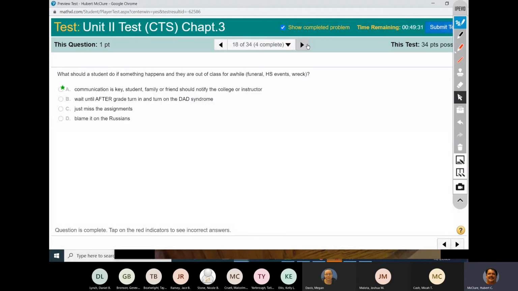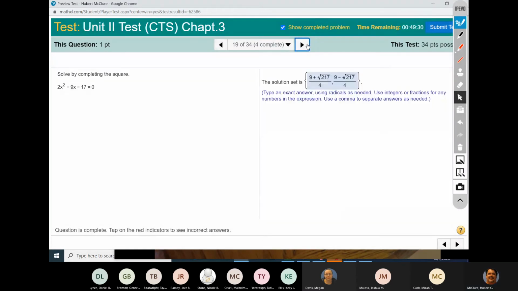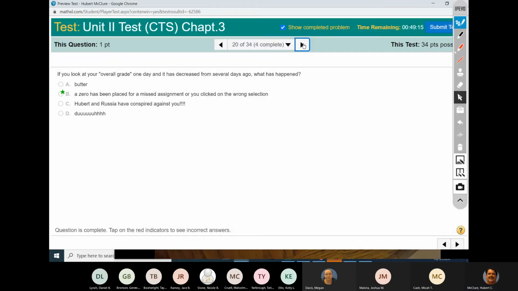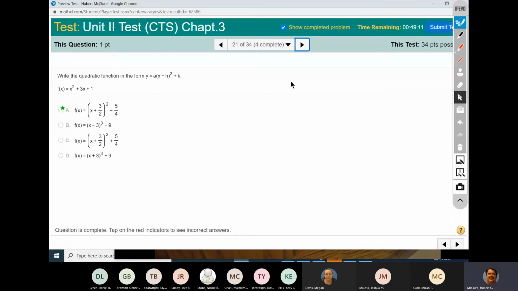Solve by completing the square. That's the one. I thought we just did that one. Didn't we? Right, the quadratic, okay, they want it in this form.